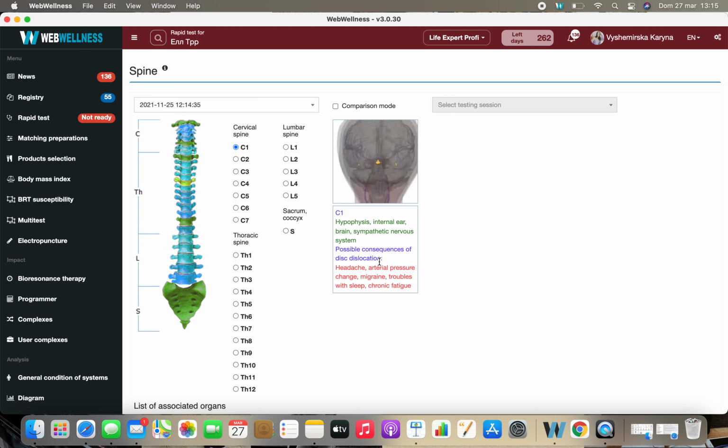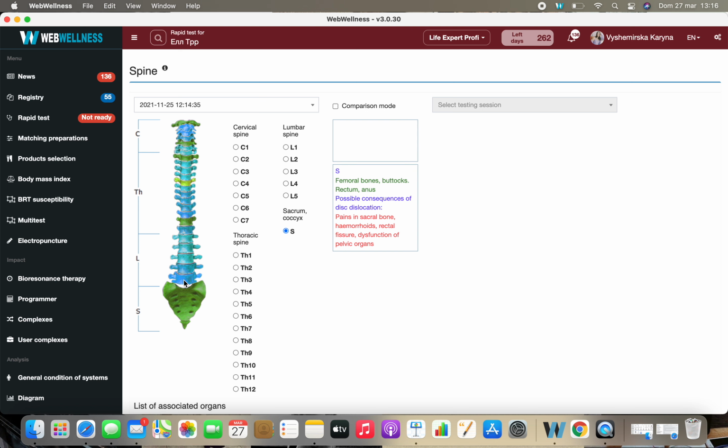The opposite theory means that if the disc is displaced, the problem in organs or systems may occur because spine discs are connected with our body with multiple channels of bloodstream, etc. So basically here we can see the report of organs and systems, but on the spine, which can show us the problems with the spine that the person may have.